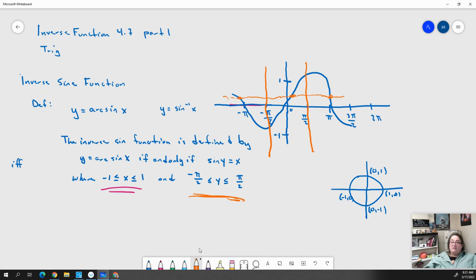If I draw a line through any part of this section of the graph, it does have an inverse. And that's the interval we're working on. The inverse sine function is only true between -pi over 2 and pi over 2, and so we have these parameters on it.